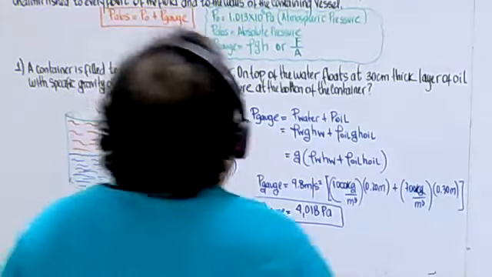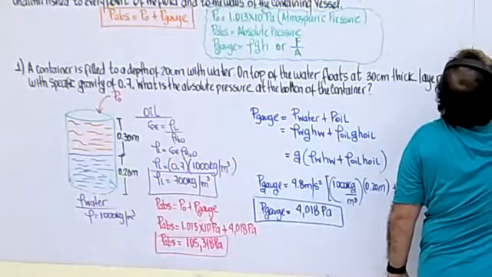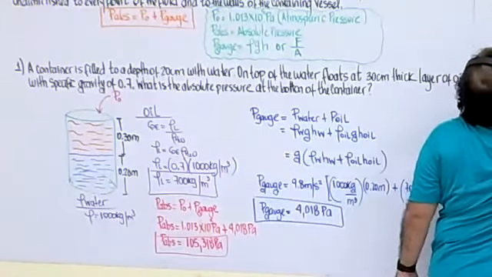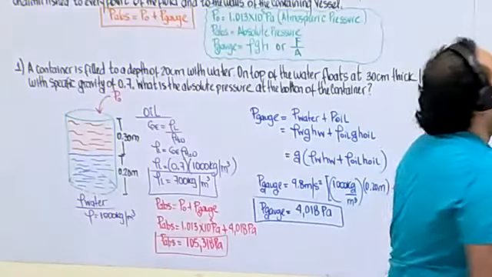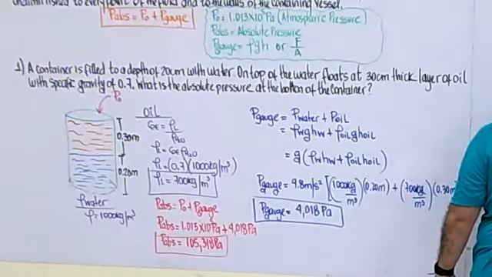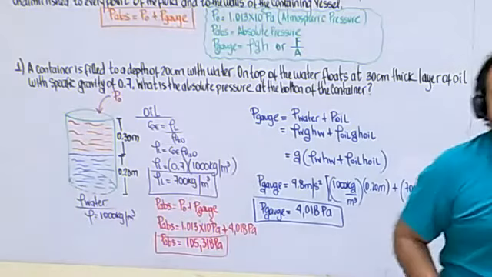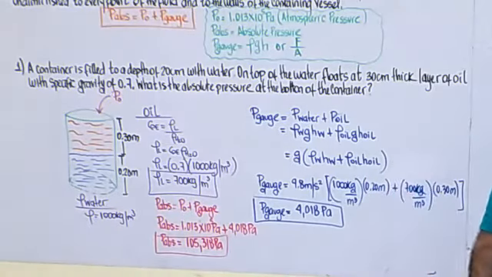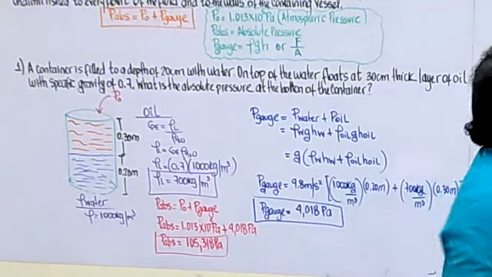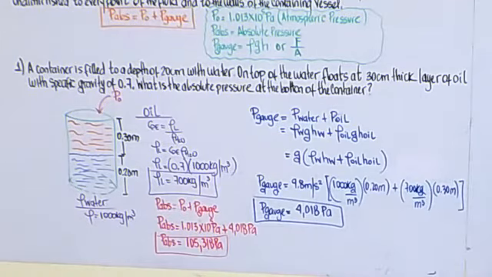Piston one in the figure has a diameter of 0.25 inches.